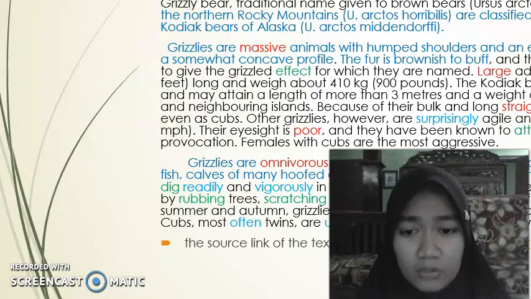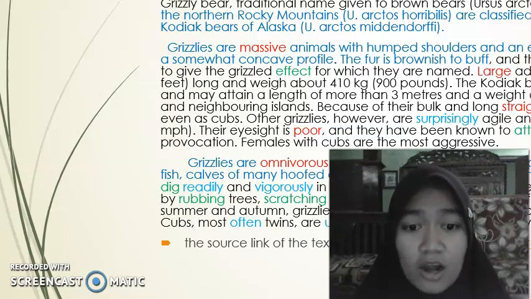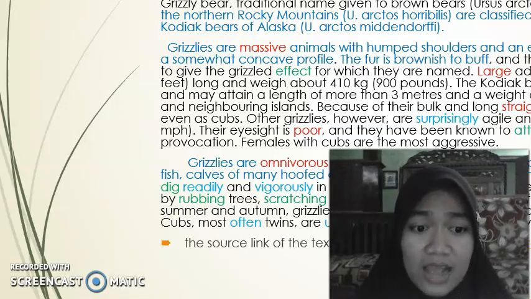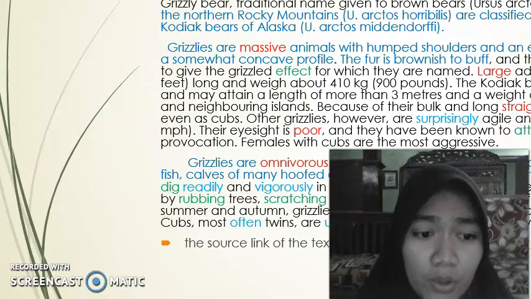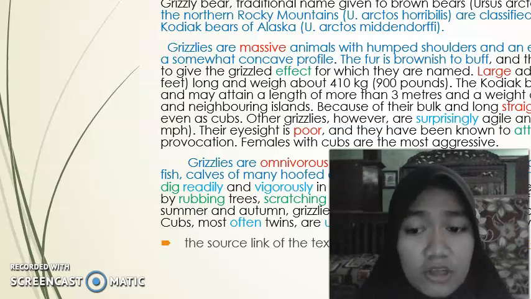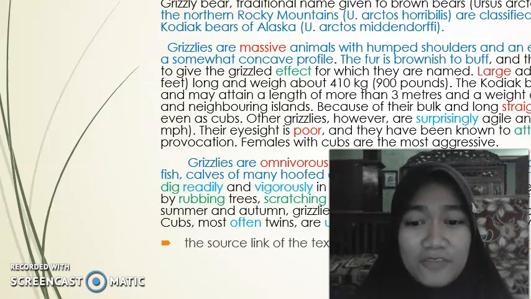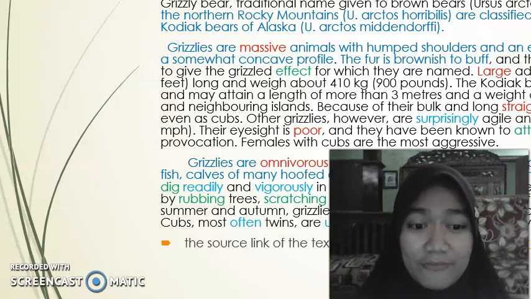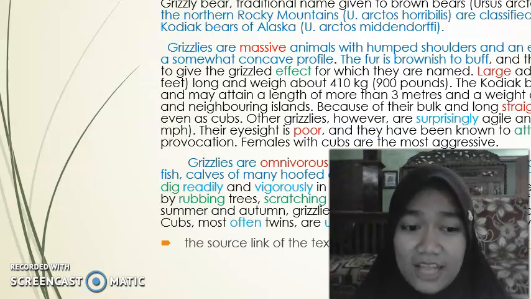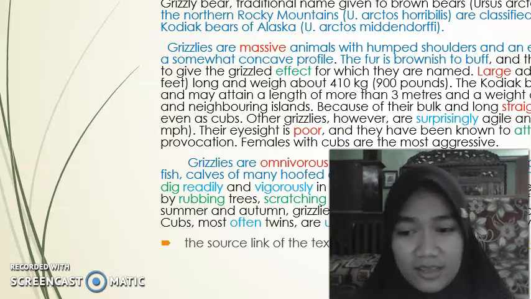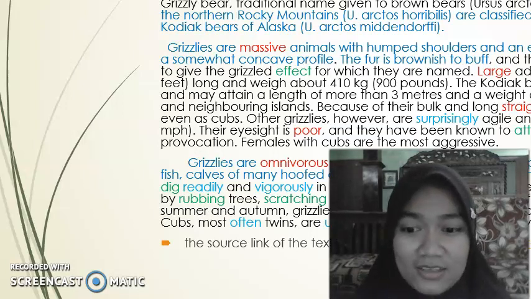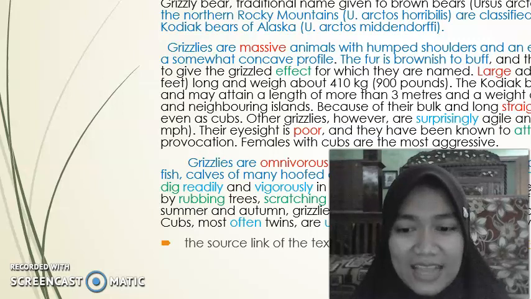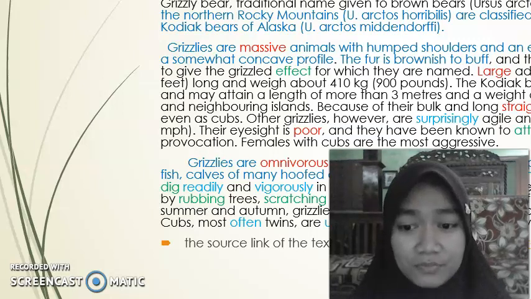During late summer and autumn, grizzlies accumulate large amounts of food and then retire to dens in winter. And then cubs, most often twins, are usually born in January or February after about 6 until 8 months of gestation.